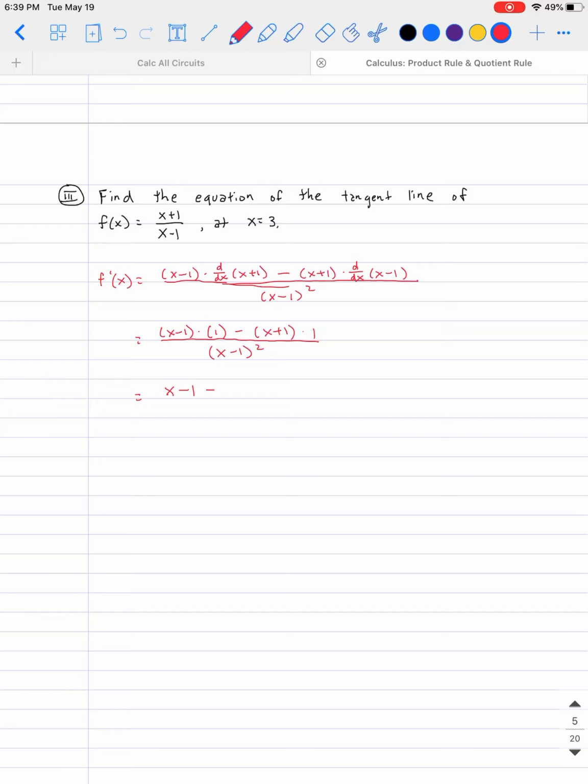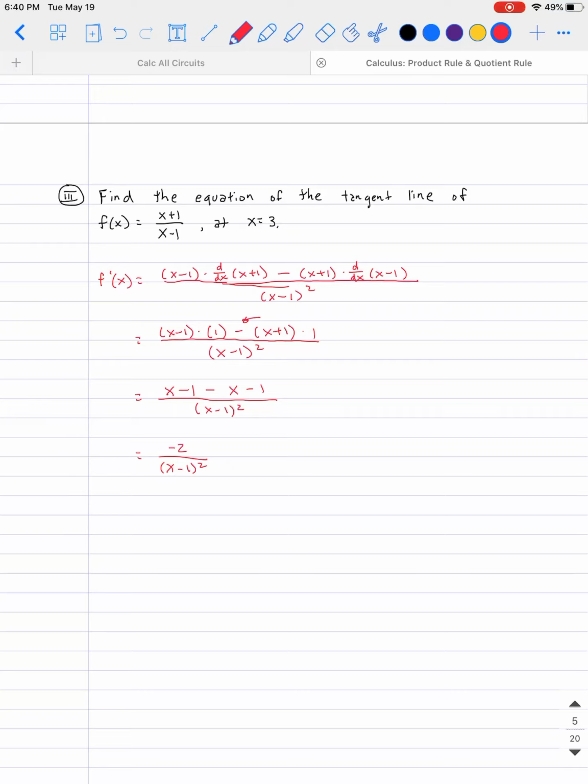So we have x minus 1 minus x minus 1, because remember here you have to distribute the negative over here, so be very careful about that. So on the numerator, the x's are going to cancel out. You have negative 1 times minus 1, so that's going to be equal to negative 2, all divided by x minus 1 squared. So that's going to be our derivative.